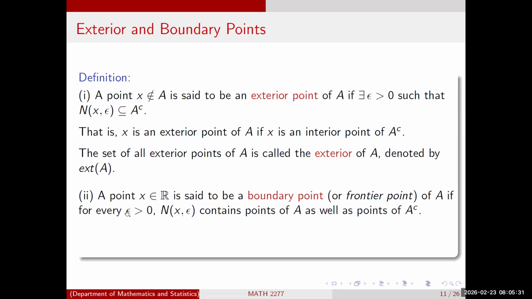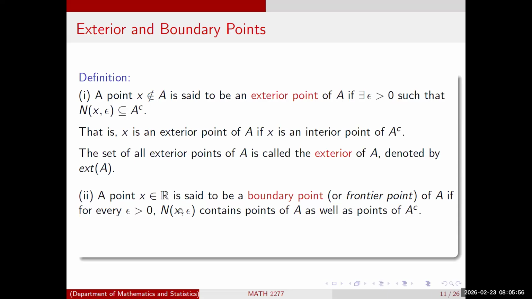Now, what is a boundary point? A real number is said to be a boundary point or a frontier point of a set A if for every radius the neighborhood around that point contains a point of A as well as a point of A complement.